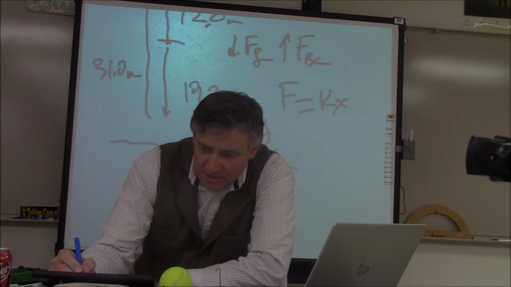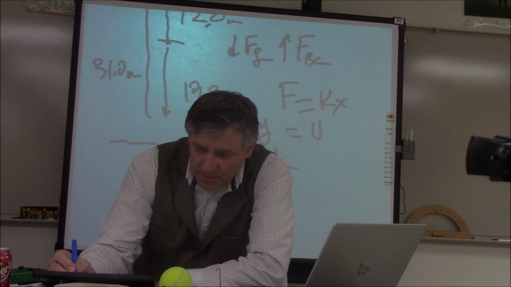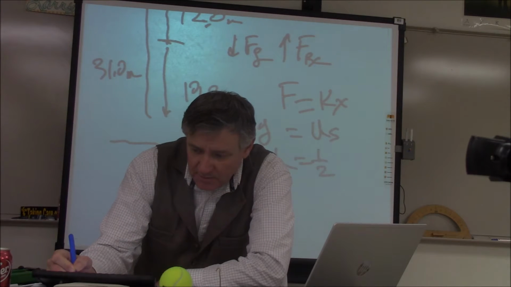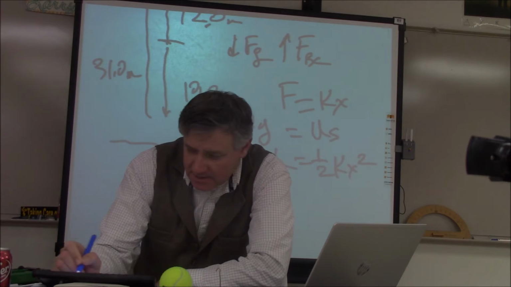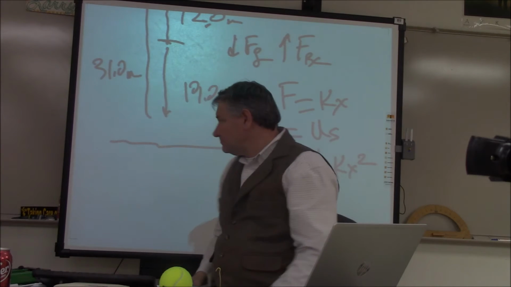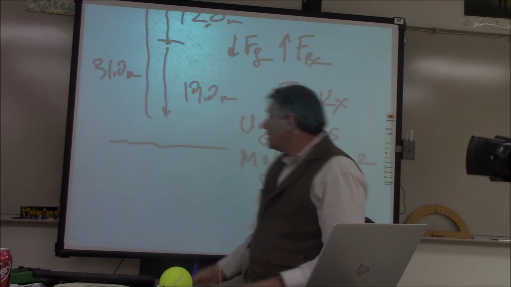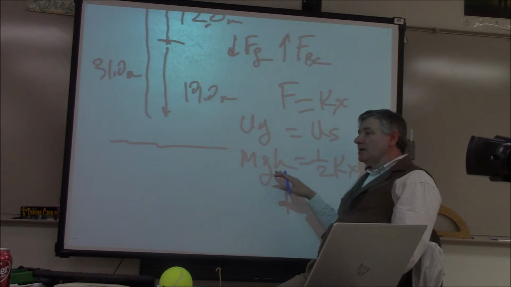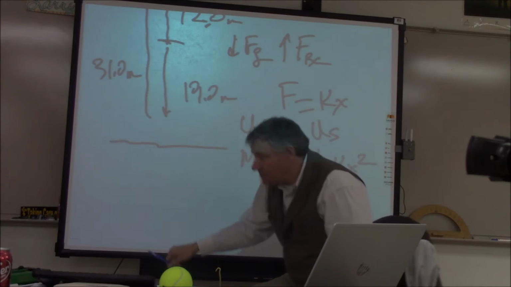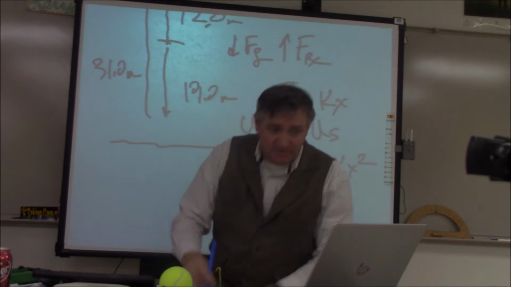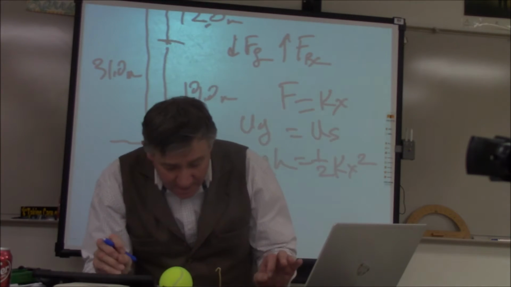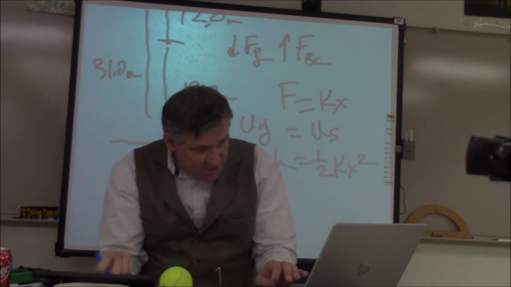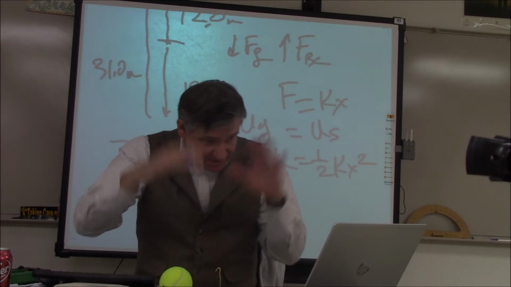So my UG is going to equal my US, which is going to be 1/2 kx squared. Now, here's the trick. You've got the mass, you know g, and this h is going to be the 31 meters, because that's the total value in terms of the exchange of this energy.